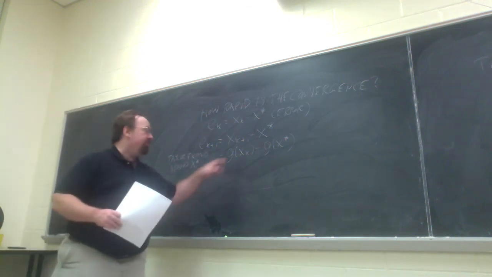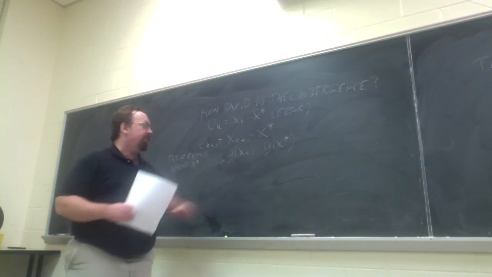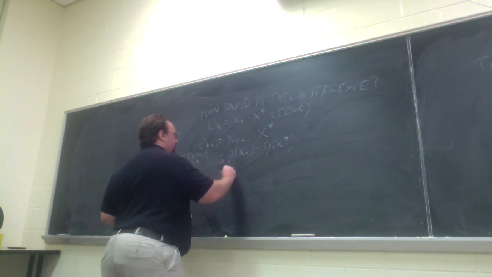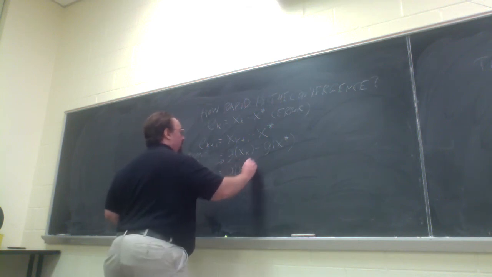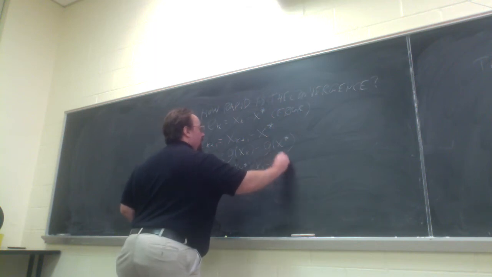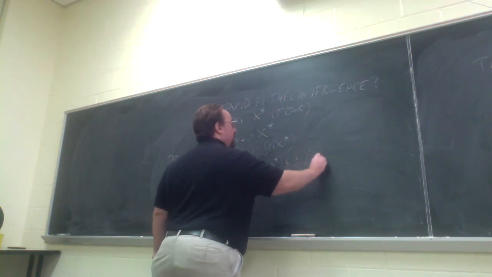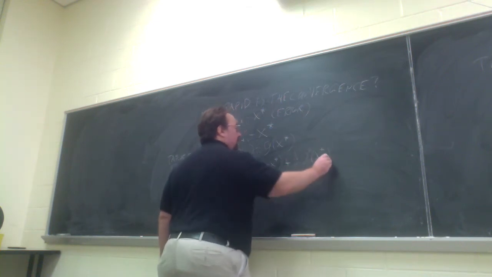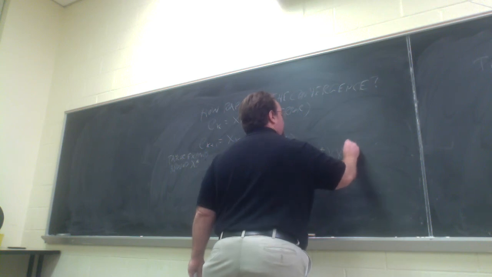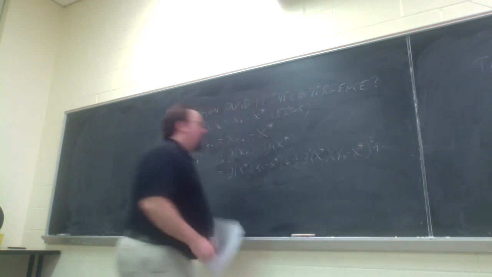So what happens is g of x k is equal to g of x star, which cancels with this, plus g prime at x star, x k minus x star, plus the next term, 1/2 g double prime at x star, x k minus x star squared, and so on.